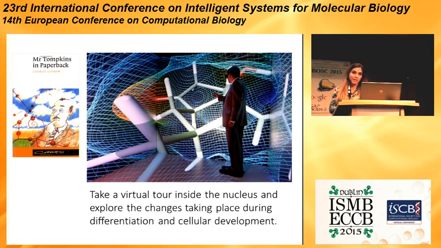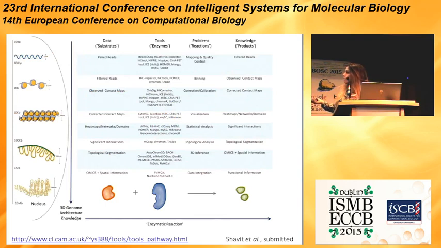But let's take a step back. If we consider the pathway in which these 3C data are becoming knowledge about the 3D architecture, we can think about it as an enzymatic reaction where data are gradually becoming information and knowledge through the help of tools and algorithms.